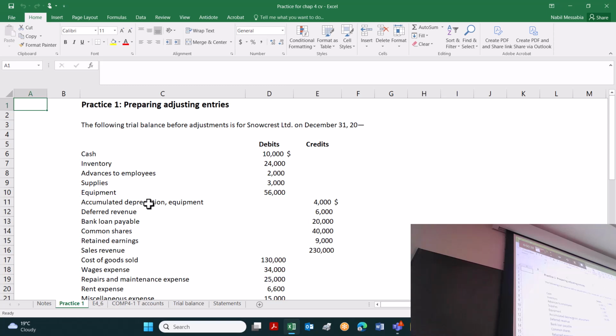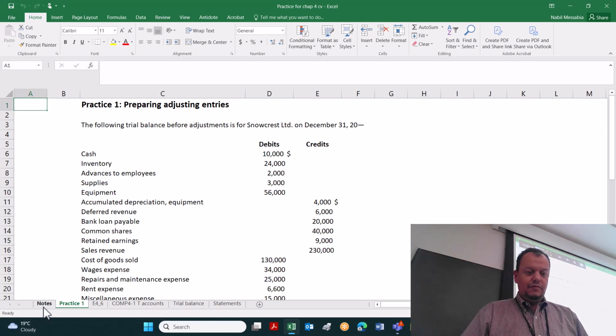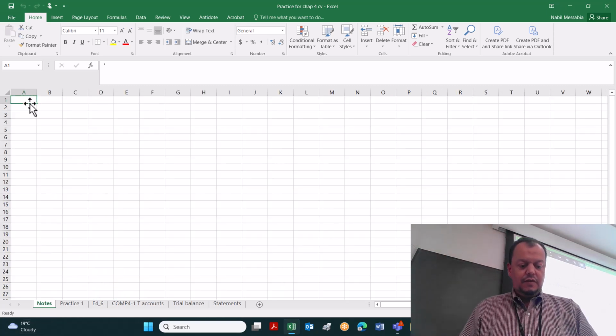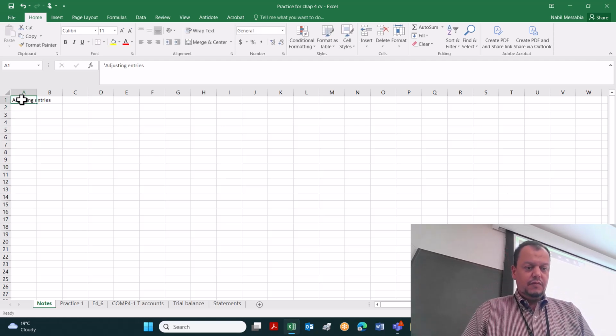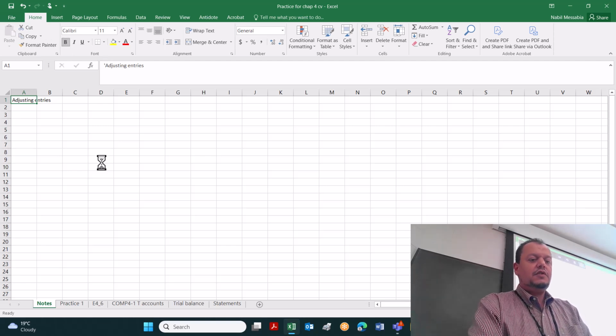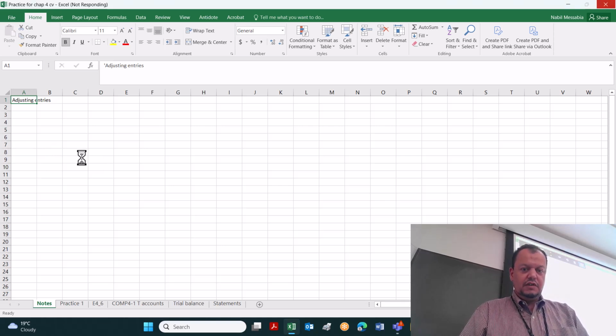So why do we do the adjustment? There are three accounting principles that require adjustment. First of all, the justification of adjusting entries to start with.